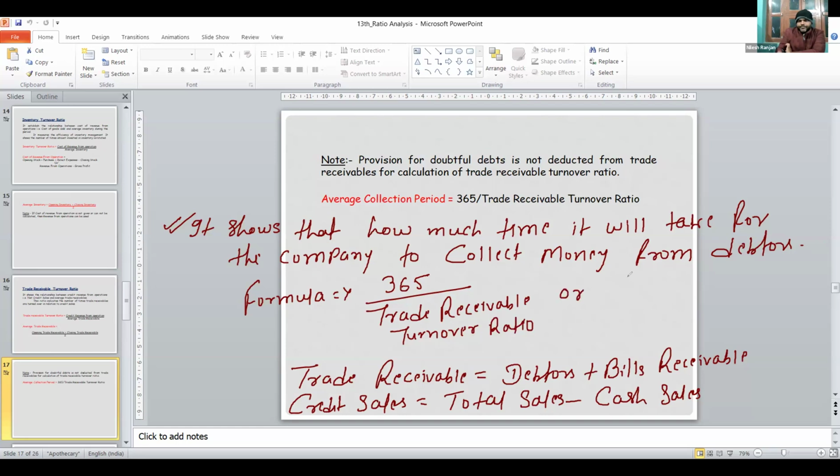Or it is average trade receivable divided by net credit sales into 365. We can use this formula also. So please write this and tell me if you have completed.